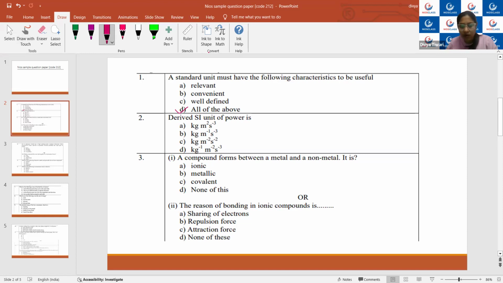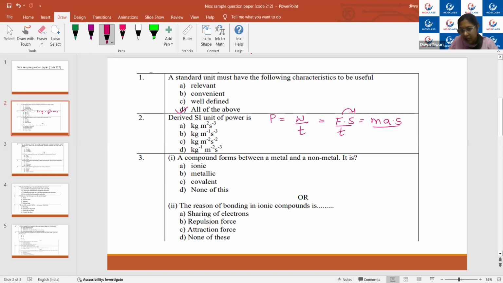Okay, so now the next question is: derive the SI unit of power. First of all, we should know the formula of power. Power is equal to work upon time. Now the formula for work is equal to force into displacement, divided by time. Again we can split this: force is equal to mass into acceleration.